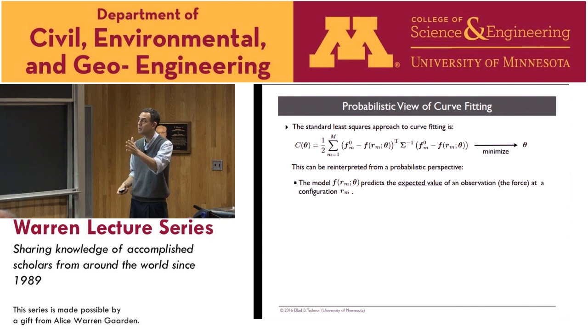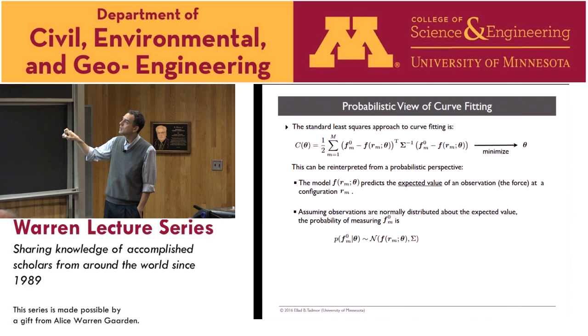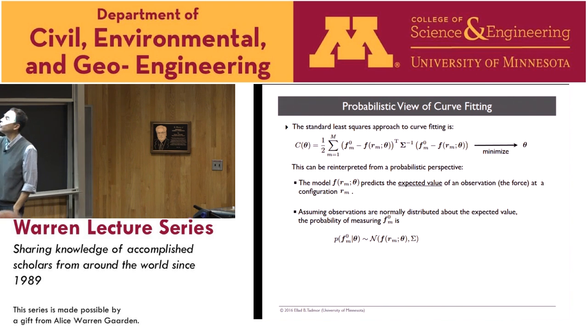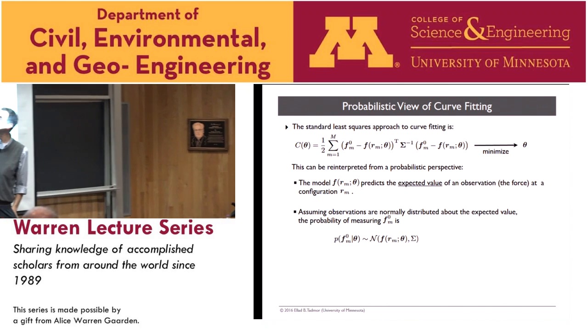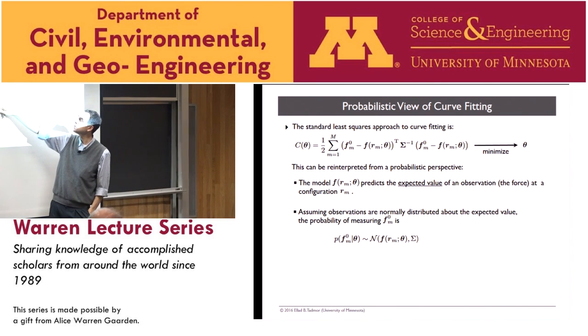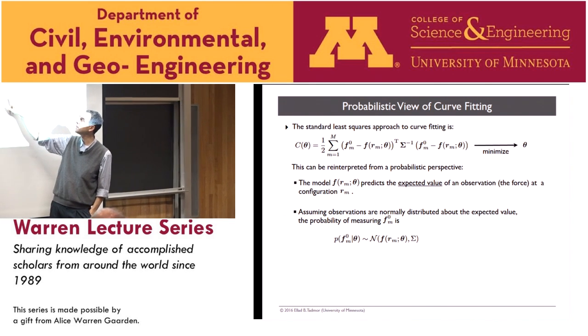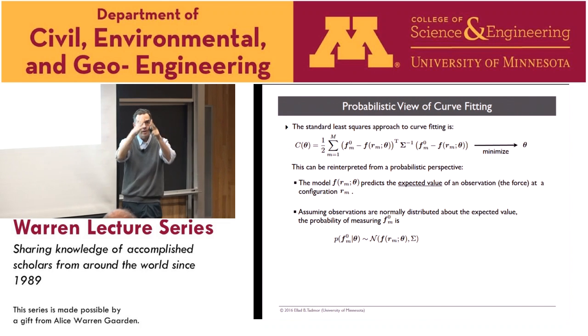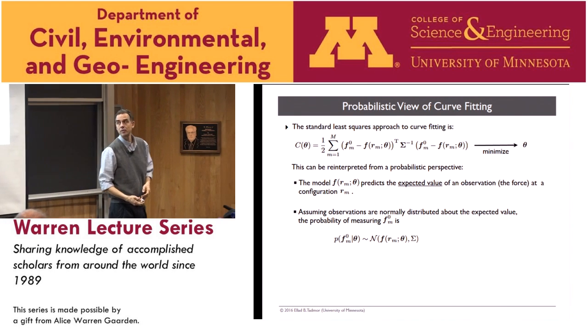So the measurement that we actually have, the force from the DFT, is then drawn from this probability distribution. The probability that we actually got this force in DFT is, we're assuming, normally distributed about this expected value with some variance. That's characterizing that uncertainty.